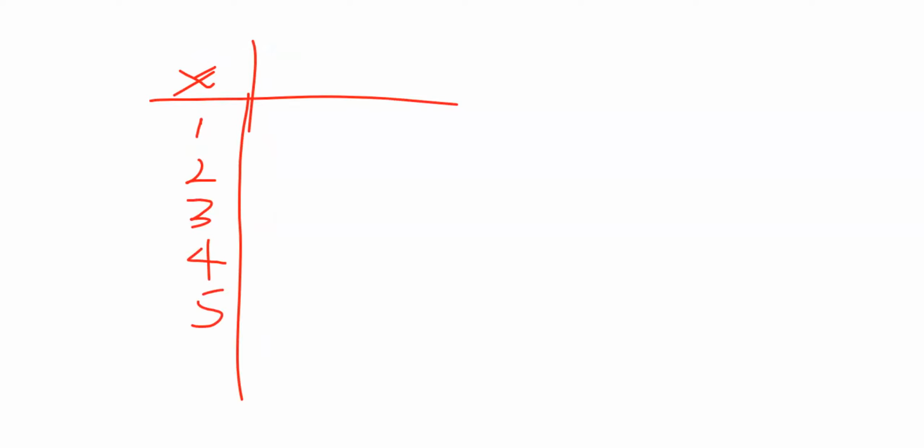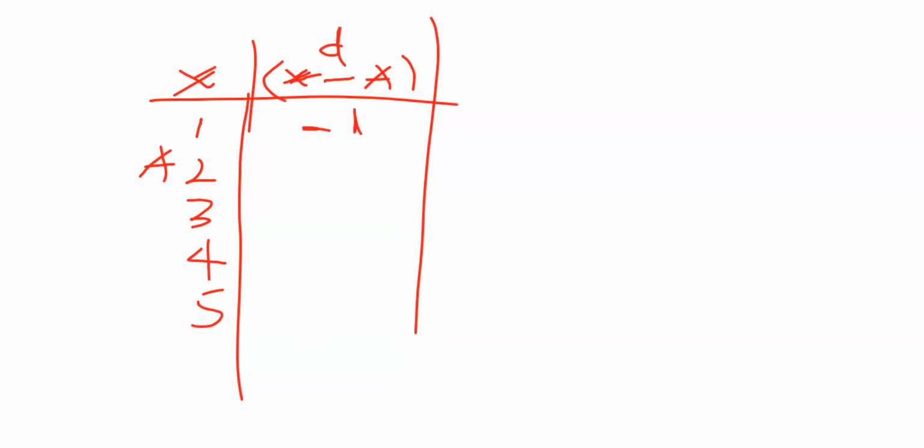Our deviation is x minus a. Let me assume that my assumed mean is 2. Like I said, you can assume any value as long as the question did not give you a particular value. So our deviation as usual will be 1 minus 2, that will be minus 1. 2 minus 2 will be 0. 3 minus 2 is 1, this one 2, and this one 3.